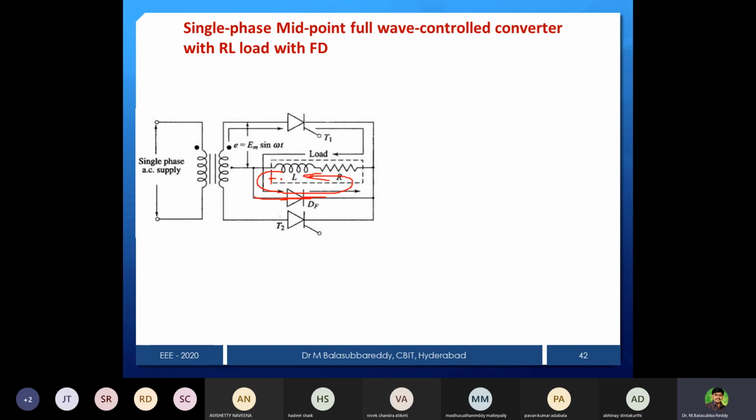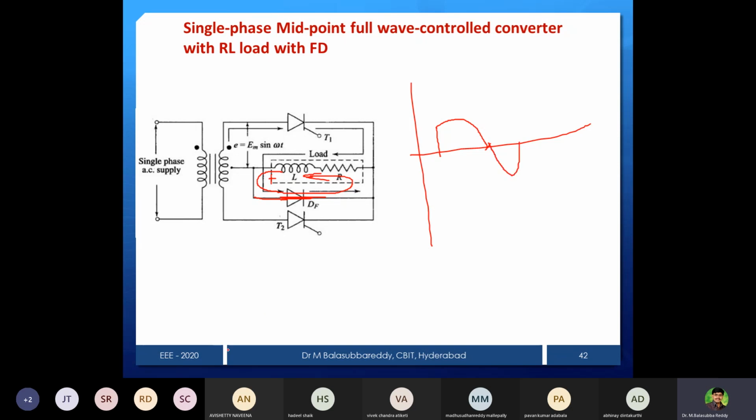Finally, once the energy is completely dissipated, no current passes through the diode and it will be open. That instant started at alpha and ended at pi. Actually, if it is an inductive load, the voltage has to come like this.